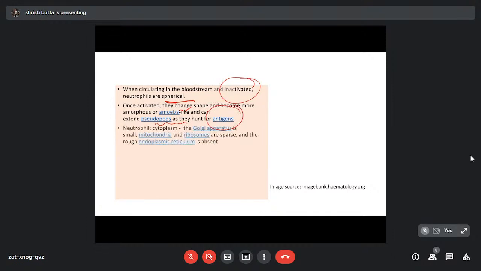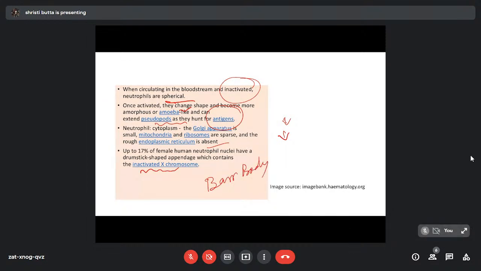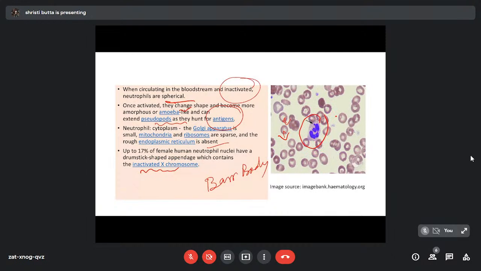Neutrophils have a Golgi apparatus, which is comparatively small, mitochondria and ribosomes, which are sparse, and a rough endoplasmic reticulum, which is comparatively absent. Up to 17% of the female neutrophil nuclei have a drumstick-shaped appendage, which is referred to as the inactivated X chromosome or the bar body. The figure shown alongside here shows you a bar body.